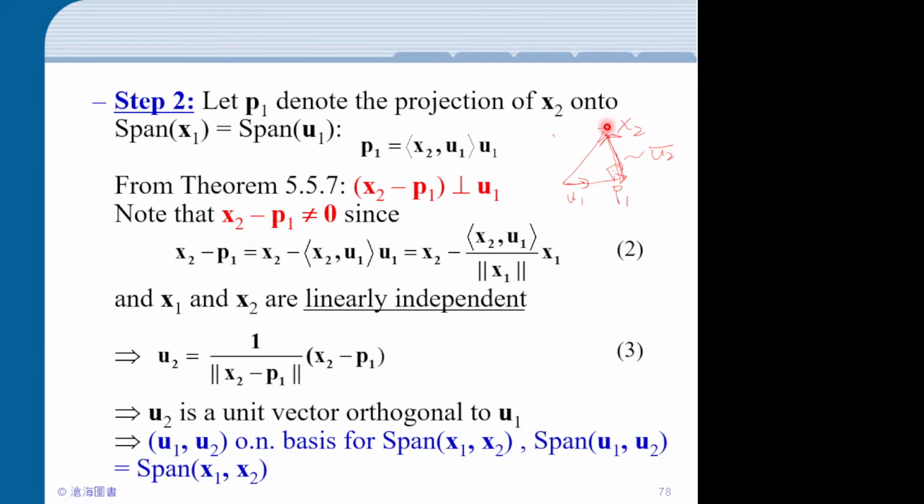Okay? So let's check that U2 satisfies all 3 properties we have. So first, U1, U2 need to be orthonormal.